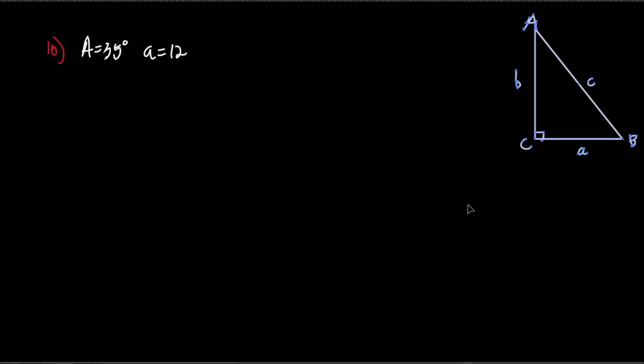I'm just going to copy this, and now I can just erase it and then paste it, and I'll still have those A, B, and C things. All right. What did I say it was? 35? Yeah. So that's 35 degrees, and side A is 12. And you need to solve the triangle. It says solve triangle ABC.